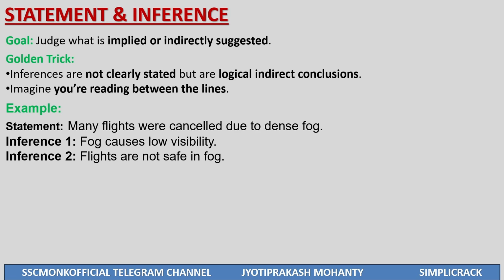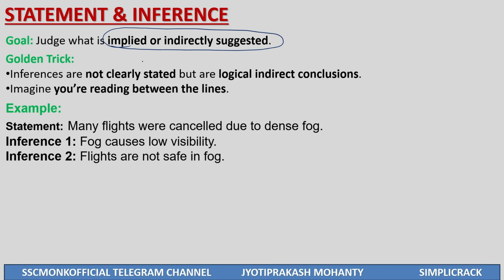See, whenever you encounter a statement inference question, your main role is to identify whether this inference is indirectly suggested through the statement. It is an indirect statement of whatever is given in the statement. And how to do that?